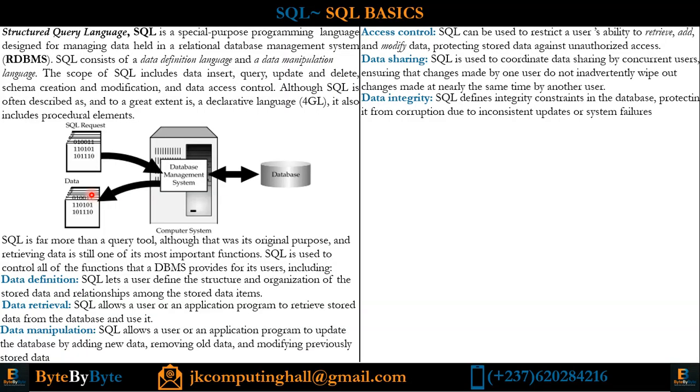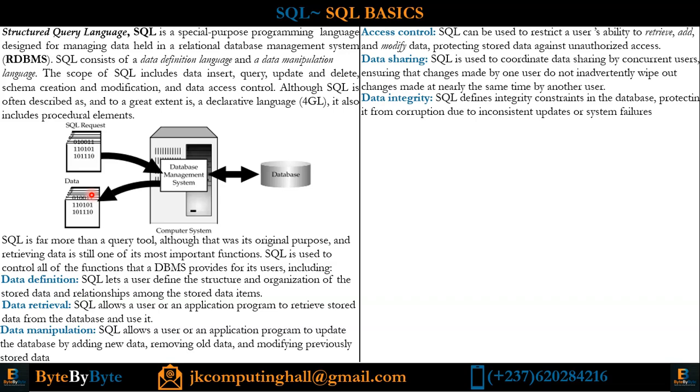Another function is data integrity, which we know is a very vital concept when it comes to databases. And for those of you who watched the videos on database, you know that when it comes to data integrity in a database, there are three different types. We have domain integrity, which stipulates that each field should be defined within a specific domain. By so doing, it restricts the different operations that can be performed on that field and the different values that can be stored in that field.